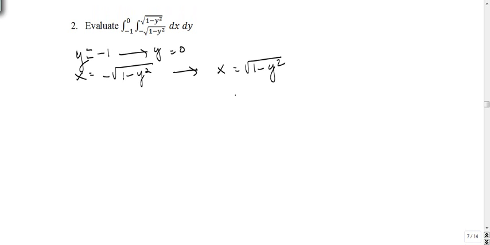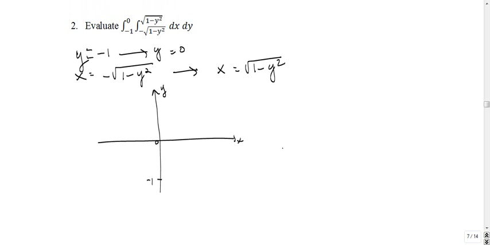But the important thing, is it the whole circle? Oh, it is half of the circle, but let's just see which half. What does y go from? -1 to 0. Yeah? So you already know that it's somewhere at the bottom.